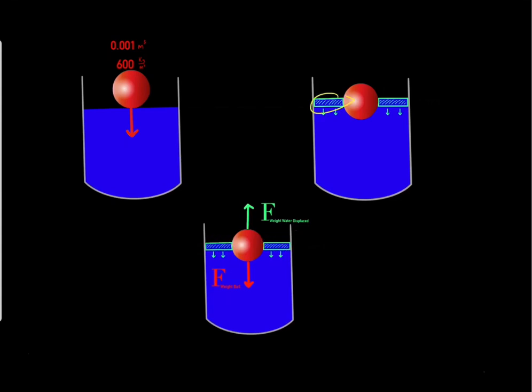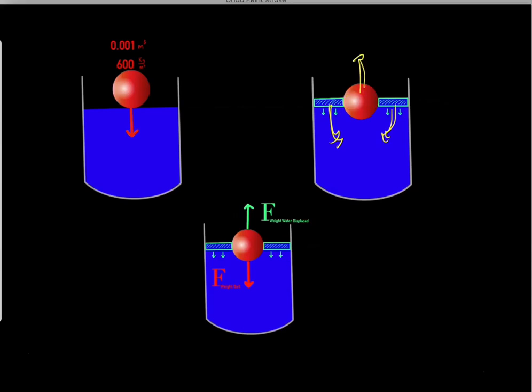So this water that's been displaced and lifted upward has mass, so it also wants to go downward. It wants to drop to a lower level. As this displaced water applies that force going downward due to its weight, it's going to lift this ball upward, like we've explained earlier. That upward force the ball feels is the buoyant force.